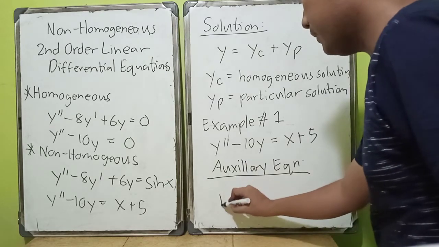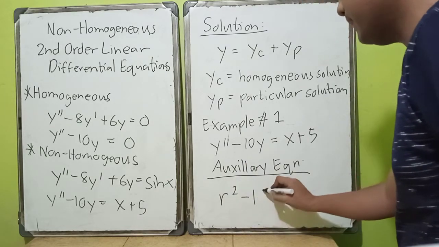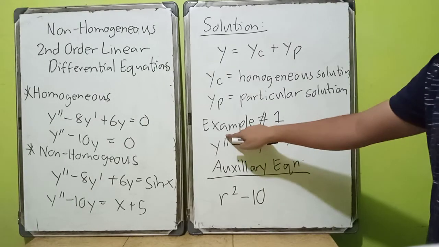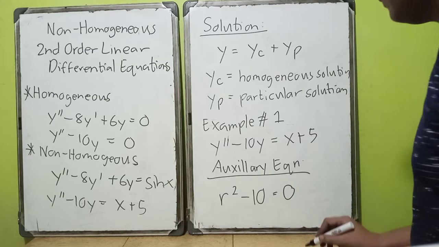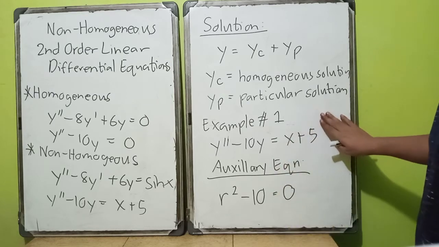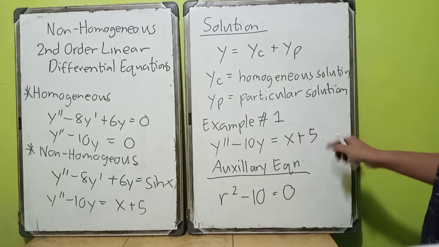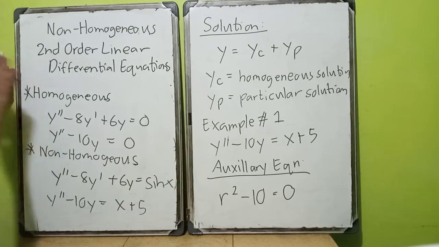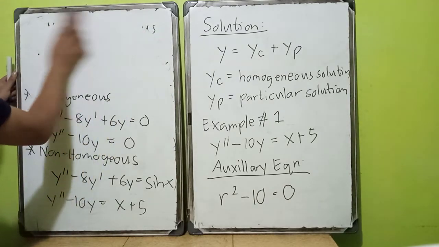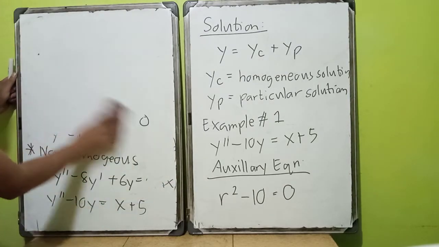So, the auxiliary equation here is r squared minus 10 is equal to 0. Okay. So, we neglect first what is on the right side, which is x plus 5. So, first we get its homogeneous formula.